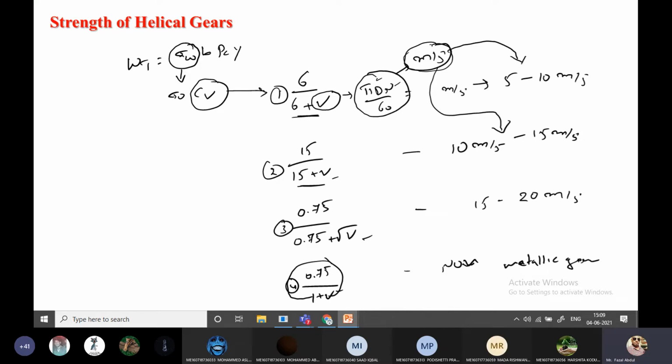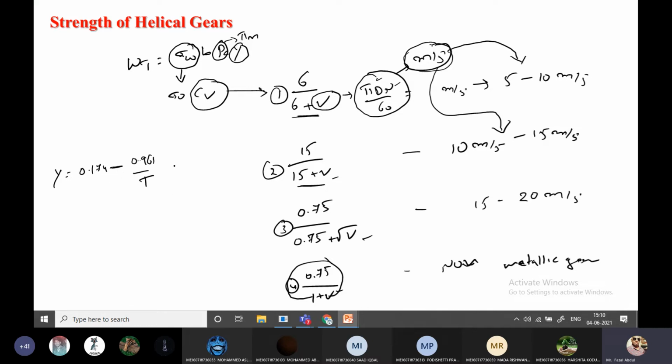Okay, Babu. Now PC is nothing but circular pitch, pi m. Y is the Lewis form factor, and you already know the 3 equations. One equation I am writing: 0.154 minus 0.912 by T. We wrote this equation in the previous design of spur gears, but it is modified for the helical gear.